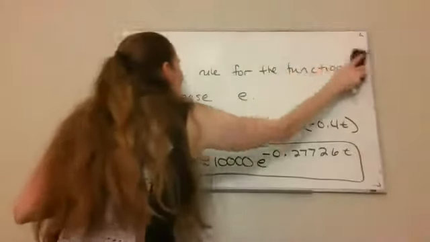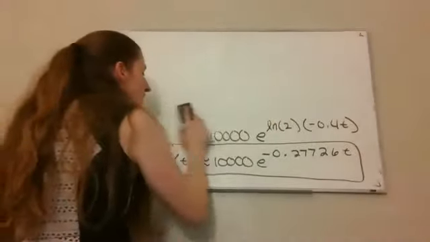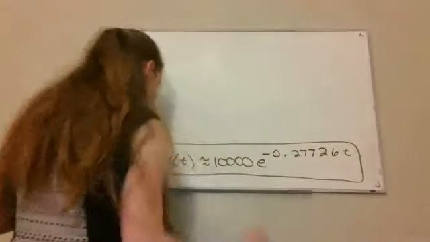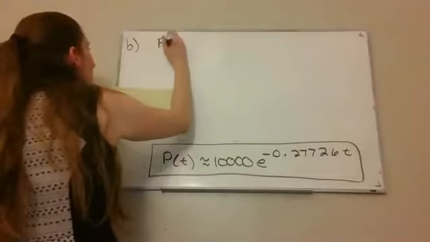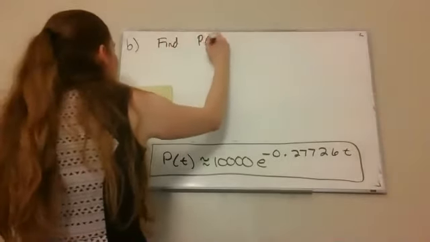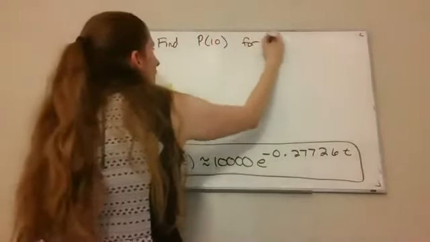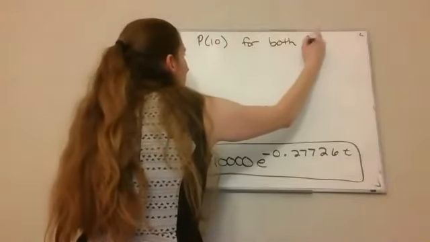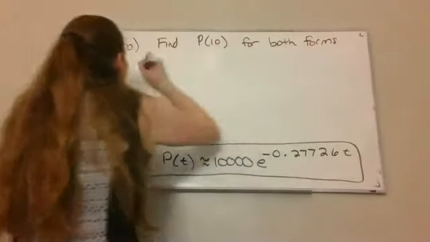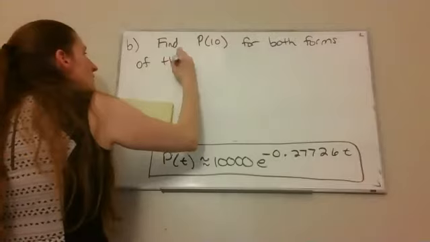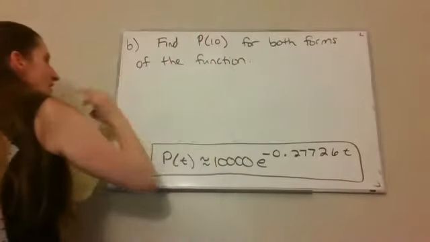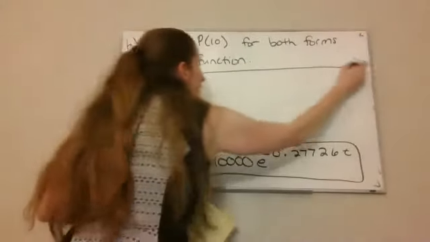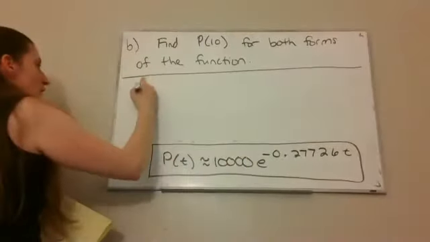So in part B, we're going to show that we still get the same result. Find P of 10 for both forms of the function. So I'm going to use the original form first.